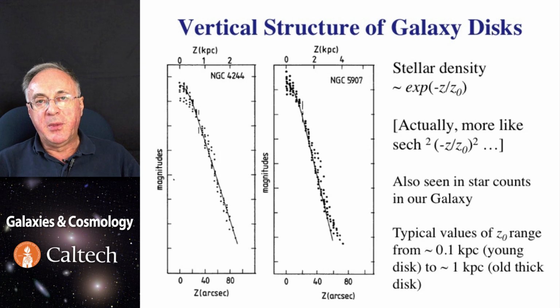So what about perpendicular structure? Along the radius from the center out, they're exponential, but it turns out the distribution of density in spiral galaxies perpendicular to the plane of the disk is also exponential. And the typical scale height is of the order of hundreds of parsecs, much shorter than the disk scale length of several kiloparsecs.